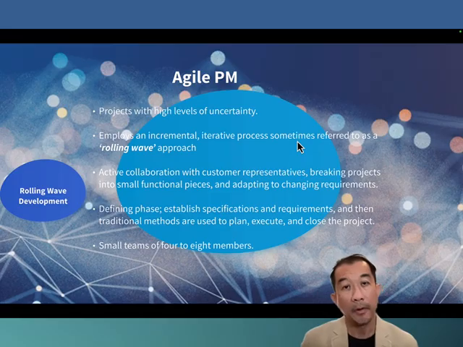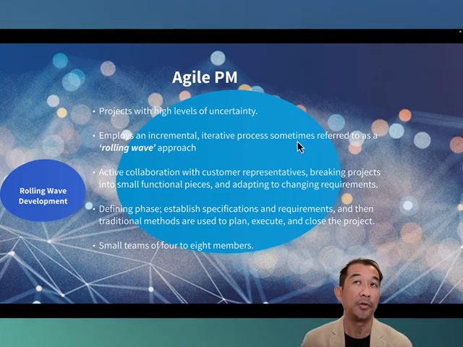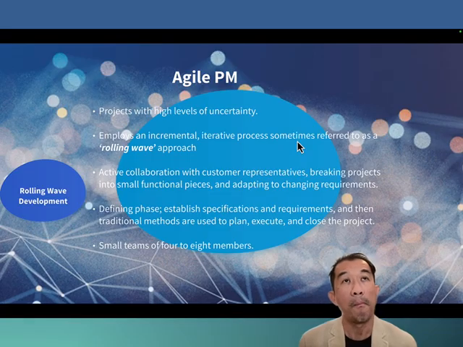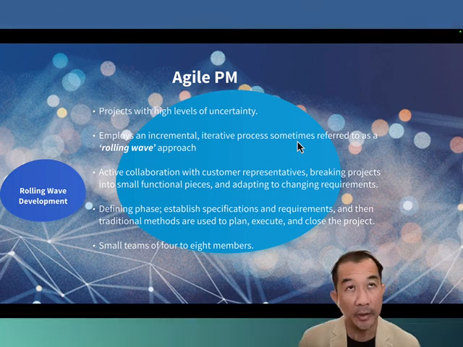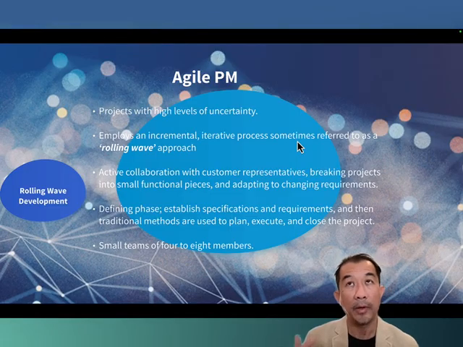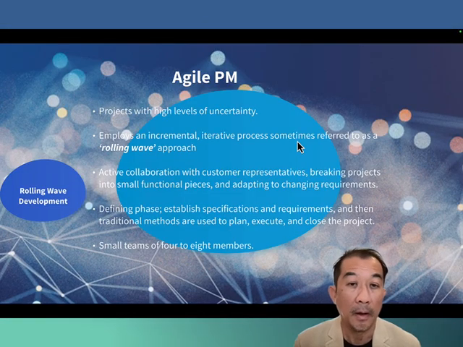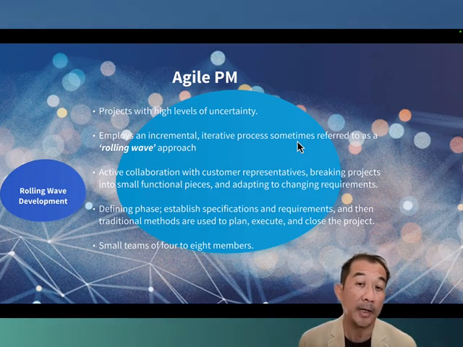And if you go back in time, just a decade or so ago, more and more software and tech products required a lot more change in the features and requirements towards customers and towards the market, and that requires a much more flexible process.